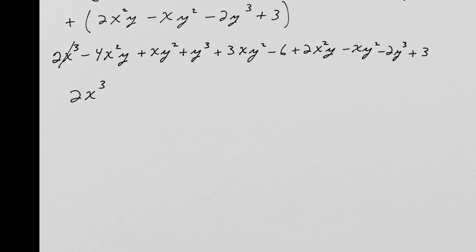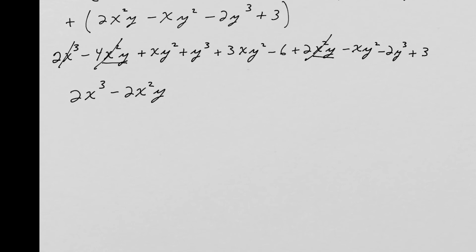Now I'm going to do the second term, which is x squared y. Do I have any more x squared y's? Yeah, it looks like right here, right? So I have a negative 4x squared y and a positive 2. Well, what's negative 4 plus 2? That's negative 2x squared y.